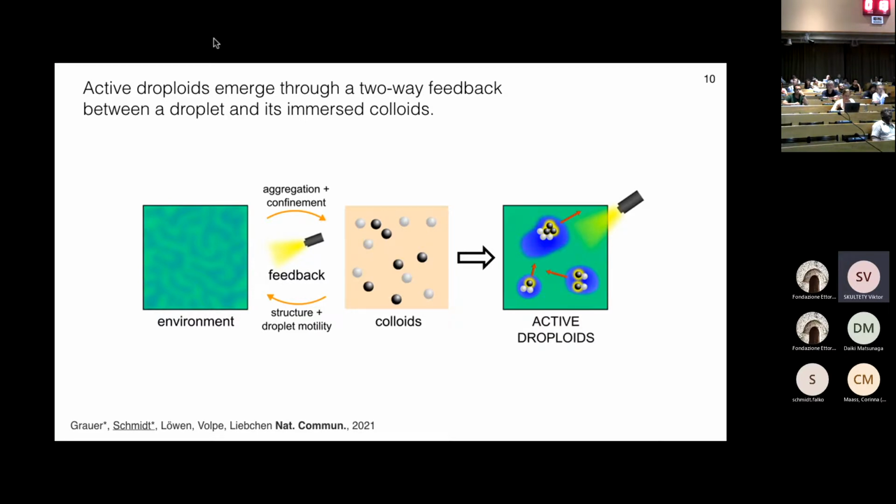And the usual mechanism is, of course, that the environment first provides the aggregation of the particles into colloidal molecules, but it also provides a confinement because particles cannot escape the interface of the droplet. That's why they're always staying inside. On the other hand, the colloids, while they're moving, they induce a motility of the droplets. Yeah? So there's an intrinsic feedback mechanism that then creates our new kind of structures that we're observing here.